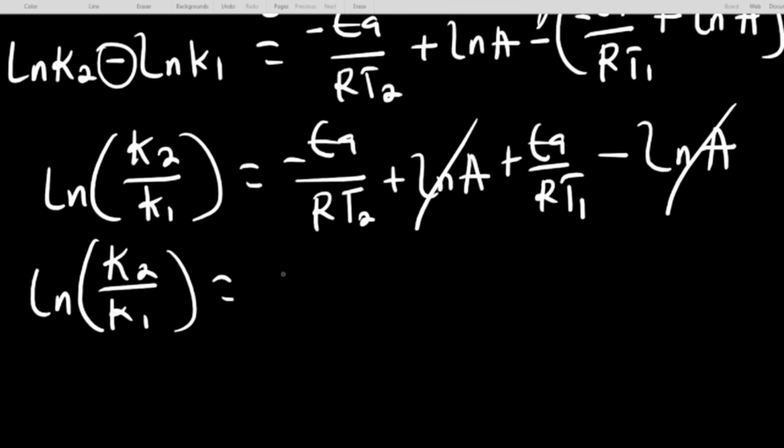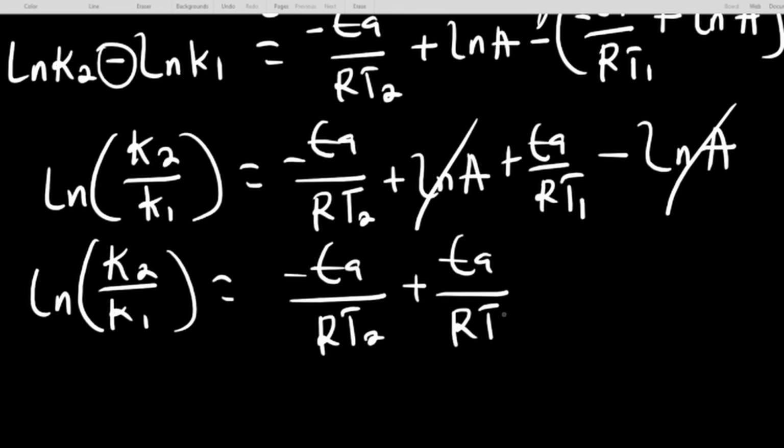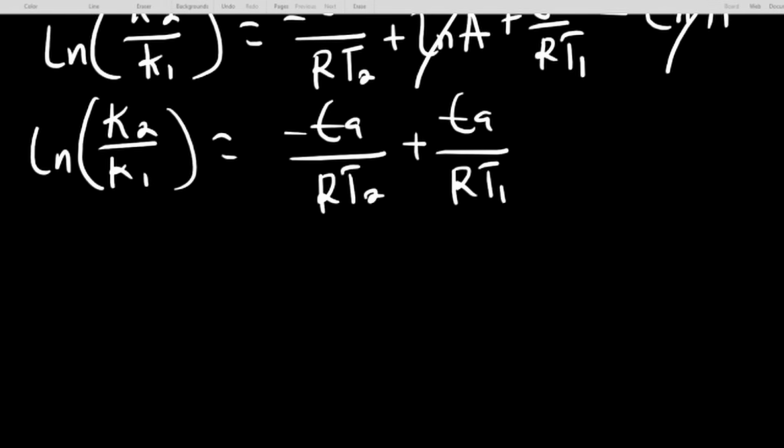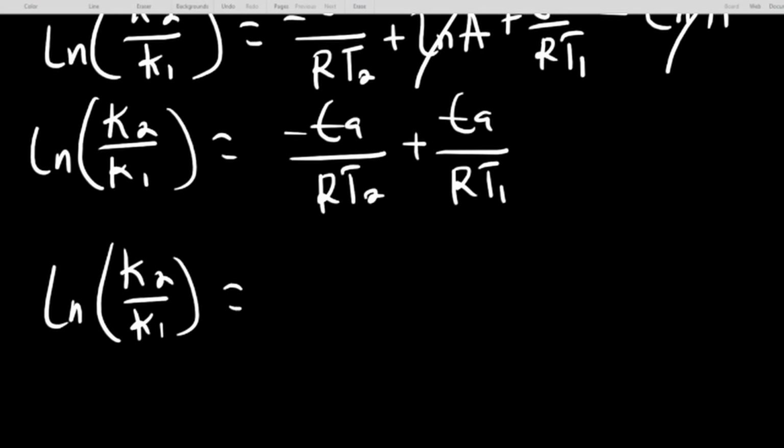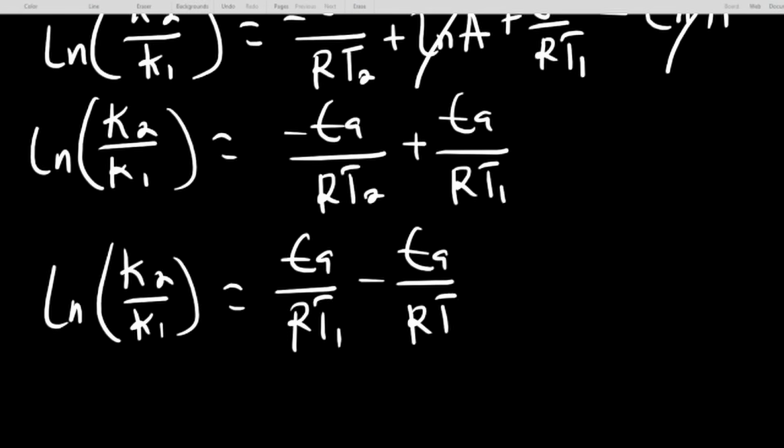And now we are left with negative EA over RT2, then plus EA over RT1. Next, we have ln k2 over k1 equals, I'm also going to rearrange these two. Hence, we have EA over RT1 minus EA over RT2.